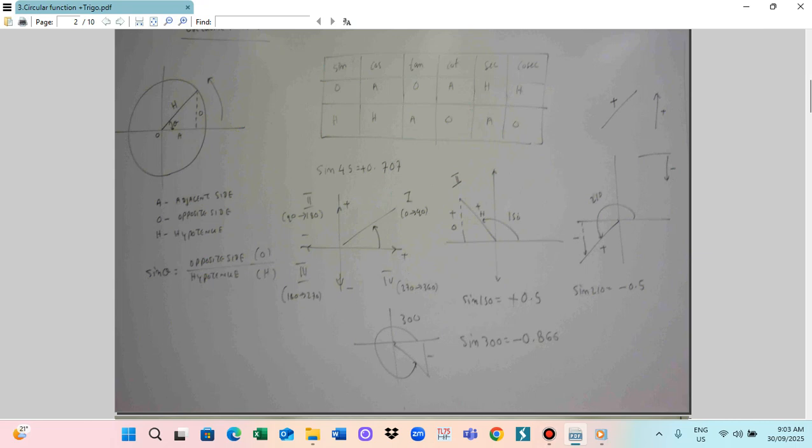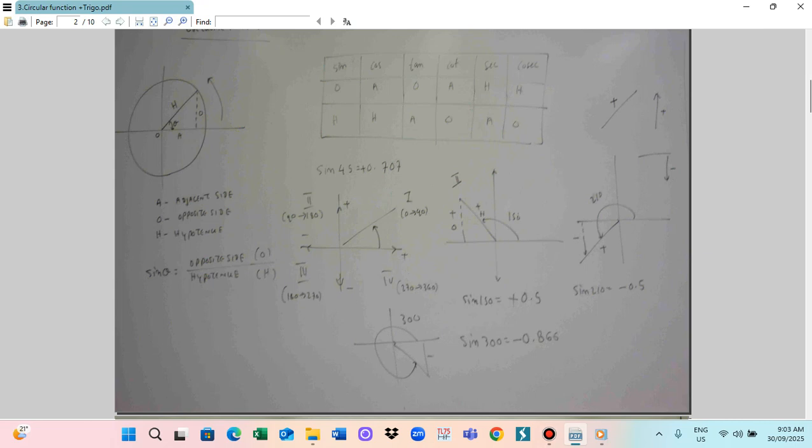So this is the trigo function. The formula is O over H, A over H, O over A, A over O, H over A, H over O. This is the table for the trigo function.